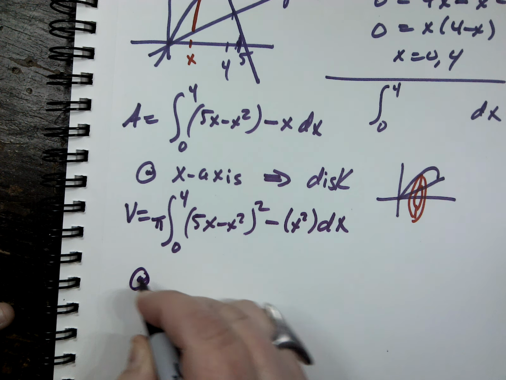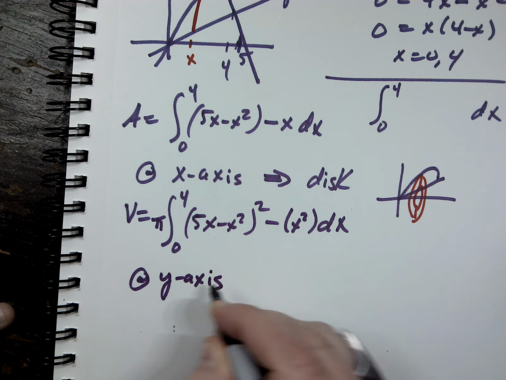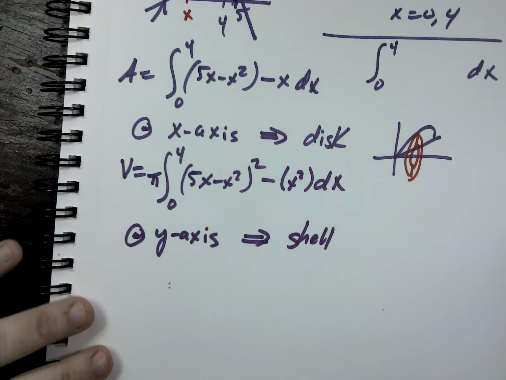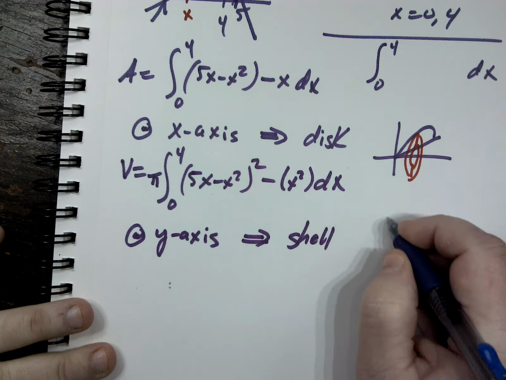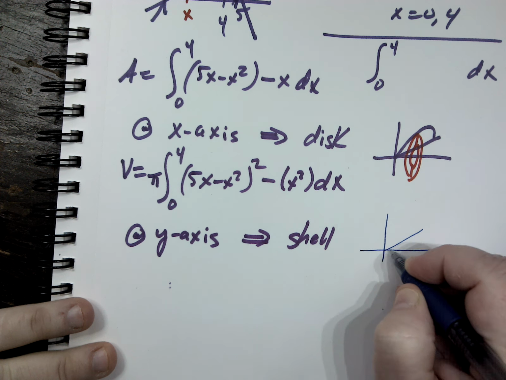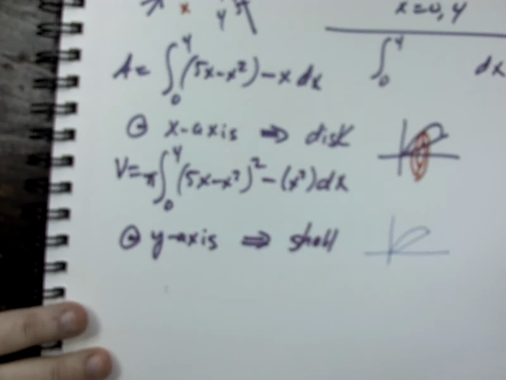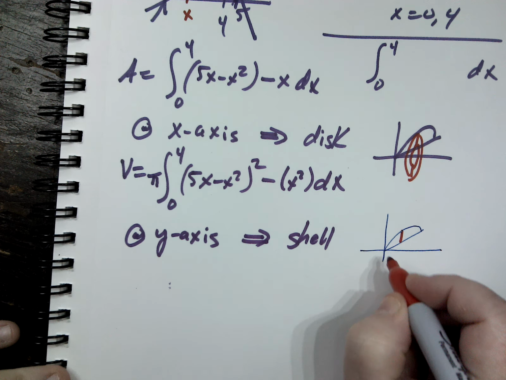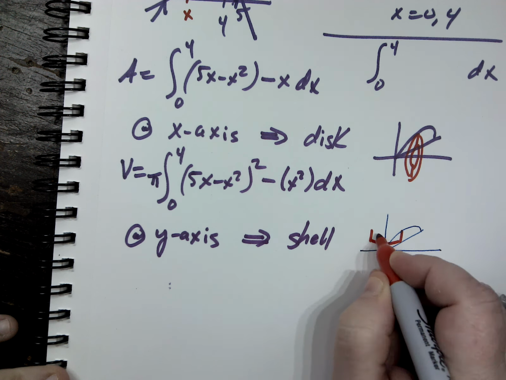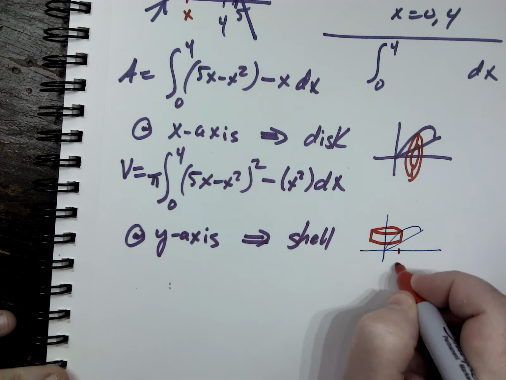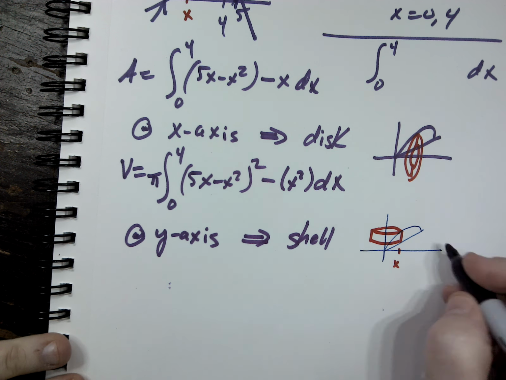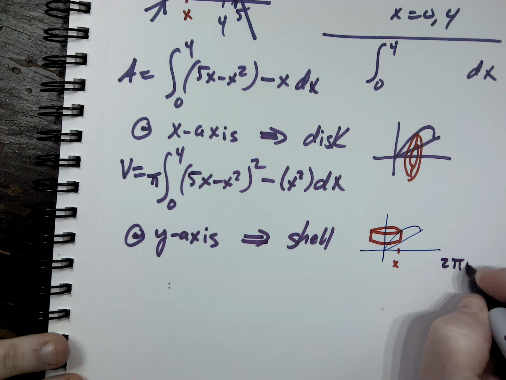If I go around the y-axis, I will get what they call a shell. I get my little shell, and the volume of a shell is 2 pi RH.